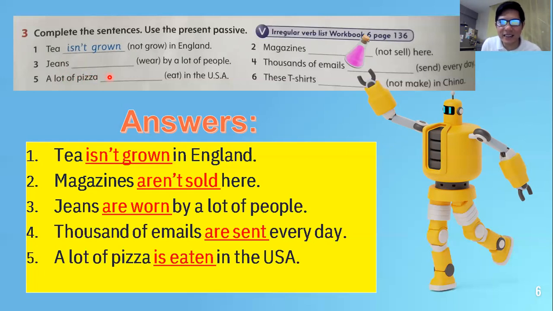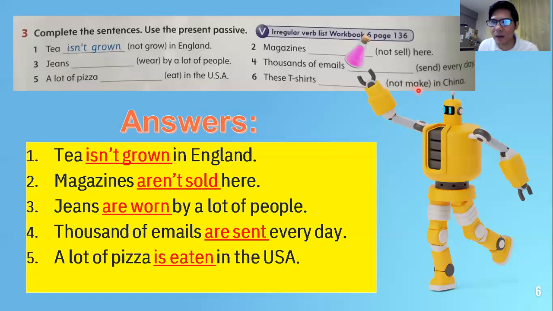And number 6, the verb is in negative form, not make. Go to page 136 and look for the verb 3 or the past participle form of the word make. As one of our examples a while ago, we used the word make.